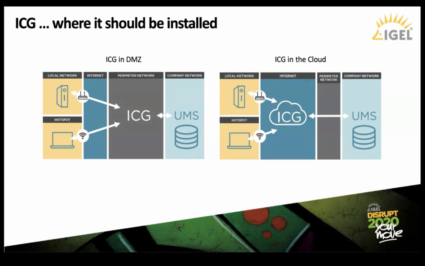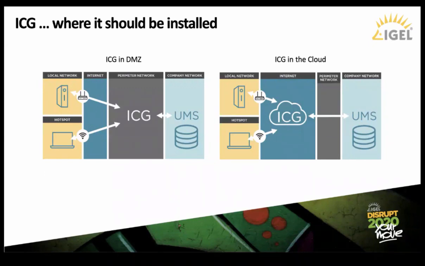This is done within the local area network with the well-known ports. But if you go to the internet, you somehow have to face the UMS to the internet, which brings in security risks. So this is why we put the ICG in the special network zone and open, we will see it later, just one port for communication. But a good question, very good. We hear that sometimes, so good point.